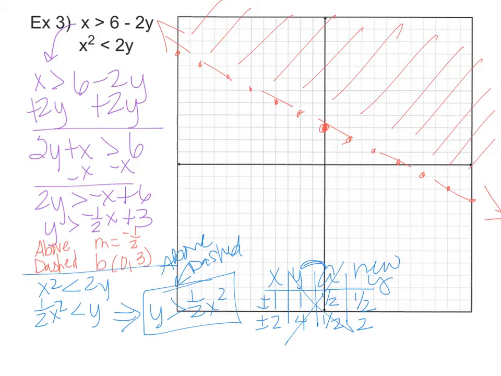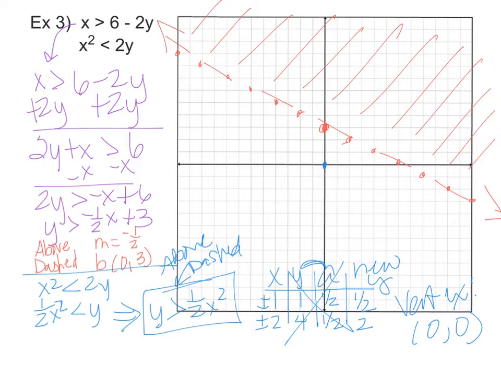Our vertex for this, because remember, the vertex is the star of the show, so you always have to start with your vertex. Your vertex for this problem is going to end up being 0, 0, because I have a 0 next to the x, like x minus 0 squared, and then there's nothing in the back, so that's also a 0. So I know my vertex here is 0, 0.